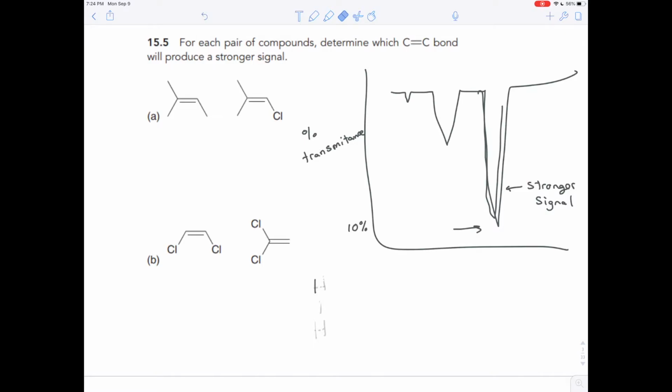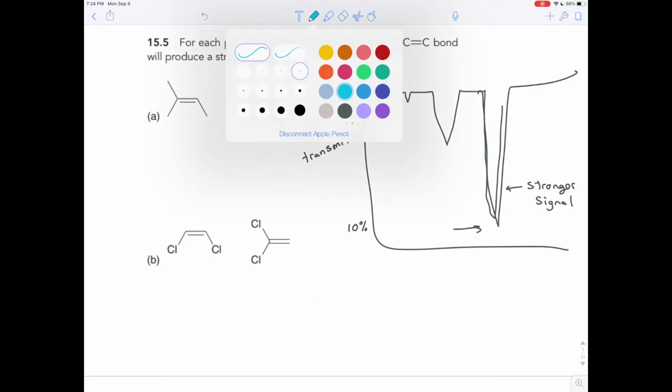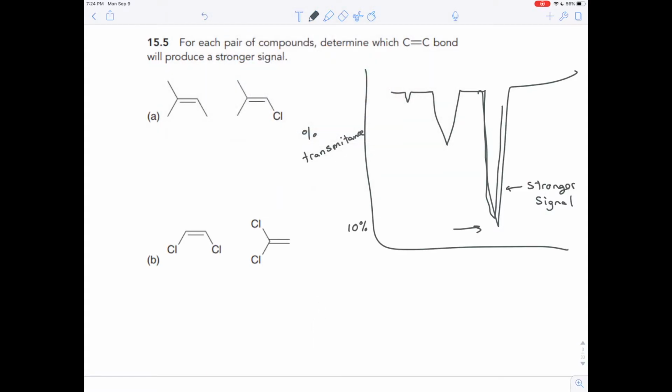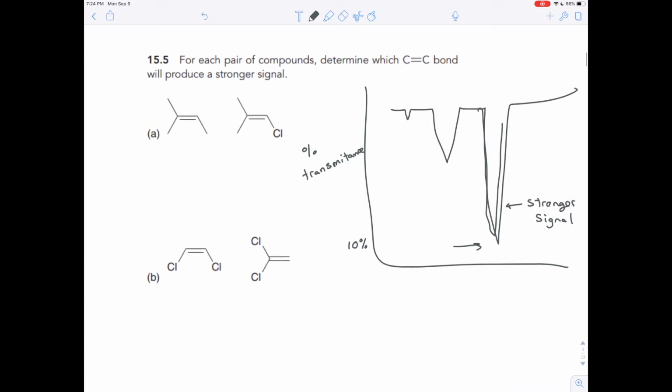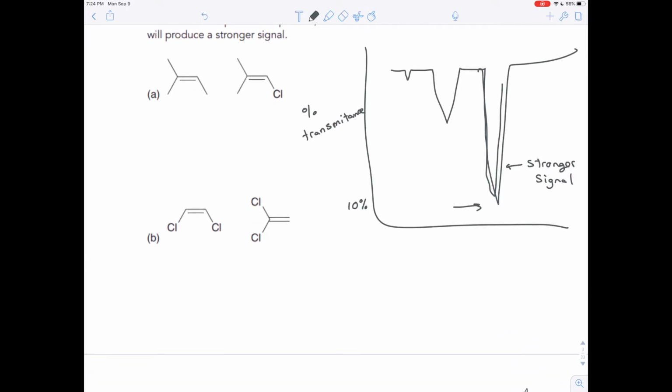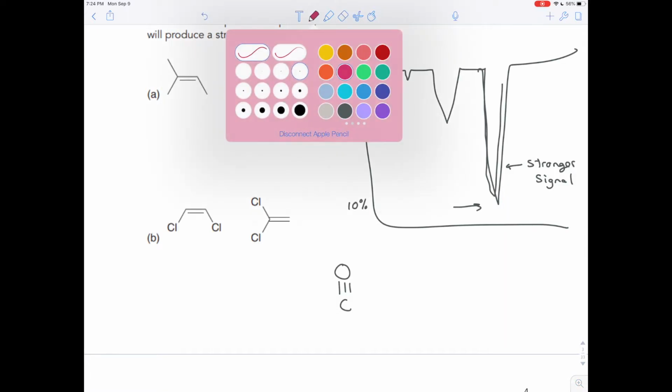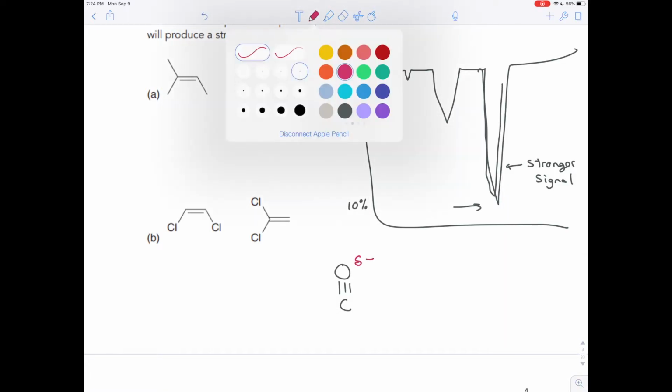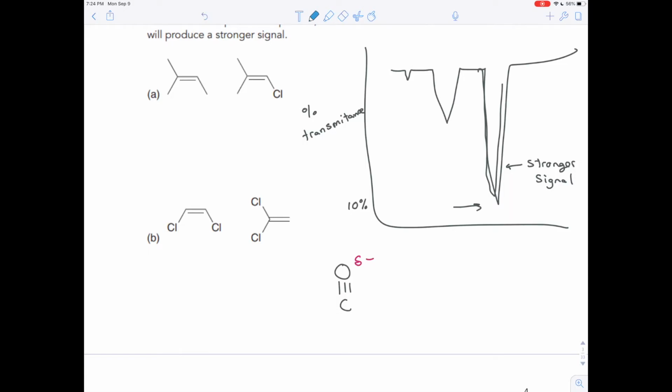Compare that, though, with something that has a dipole. So let's say, I don't know, carbon monoxide. In this molecule, the oxygen is slightly negative, the carbon is slightly positive.